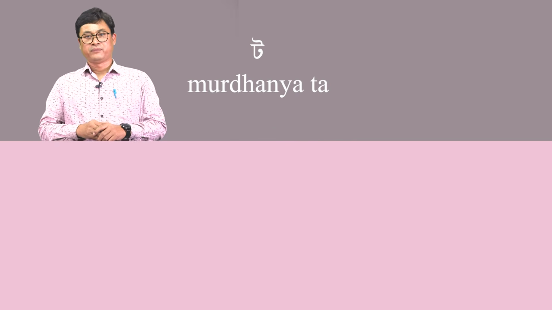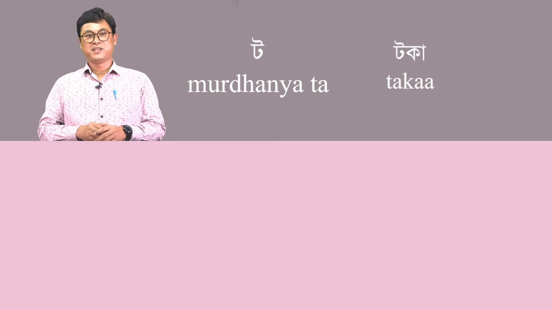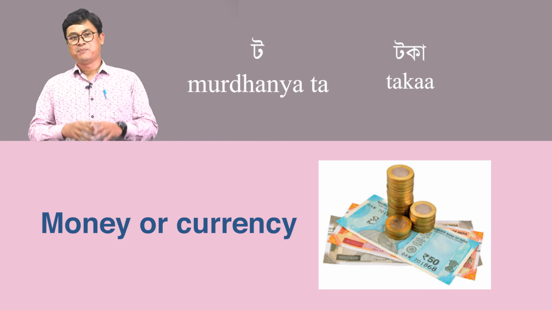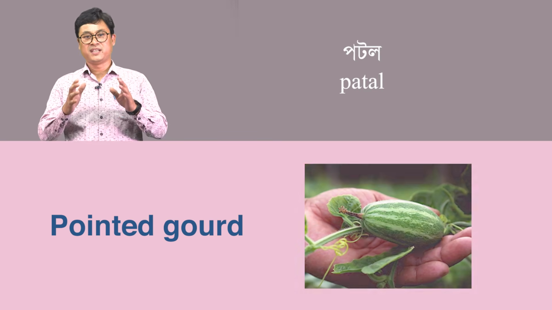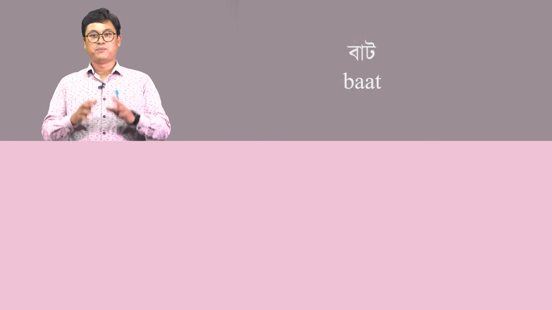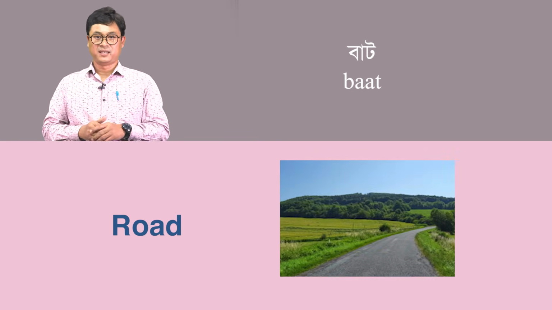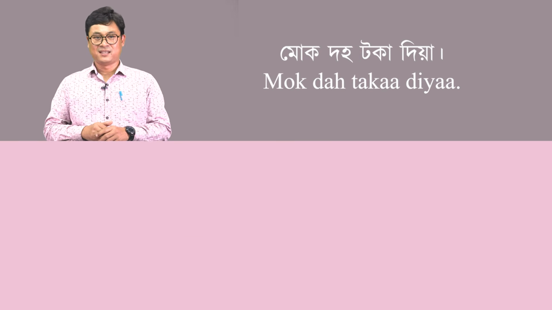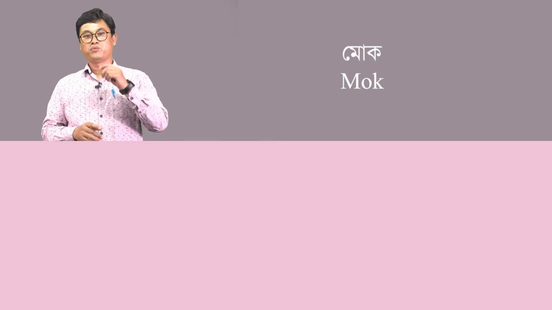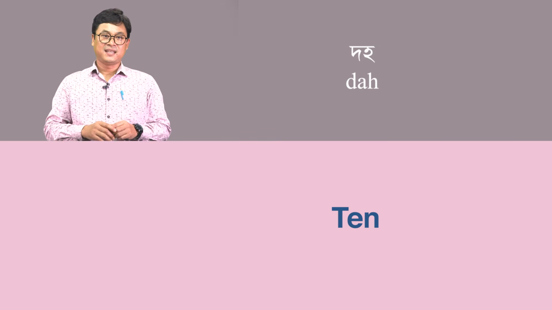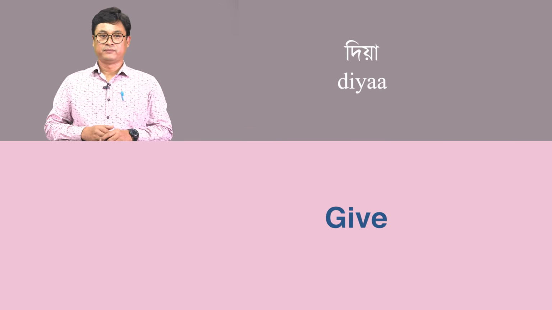Mudhanya to for toka means money or currency, particularly Indian rupee. Potol means pointed gourd, and bat means road. Muk do toka dia, that means give me 10 rupees. Here, muk means me, do means 10, and dia means give.